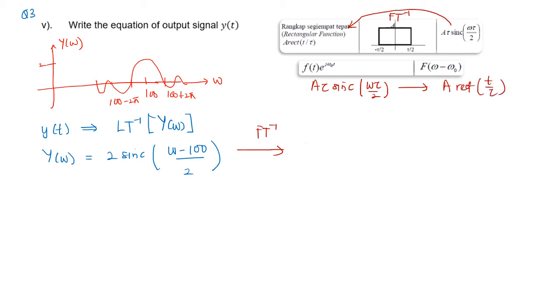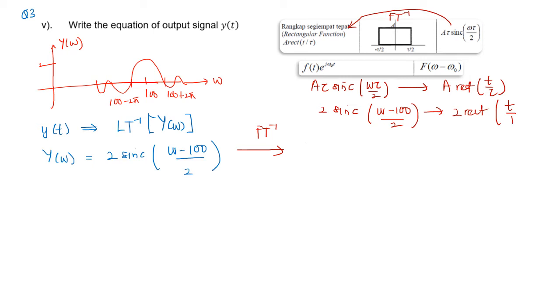So in this case, you have your A tau equal to 2. So A tau equal to 2, sinc function of omega minus 100, so your tau is 1. So your A is 2 rectangular function of t over tau.